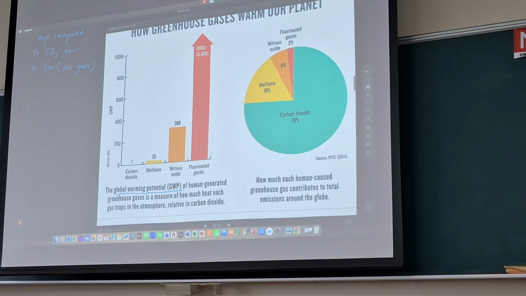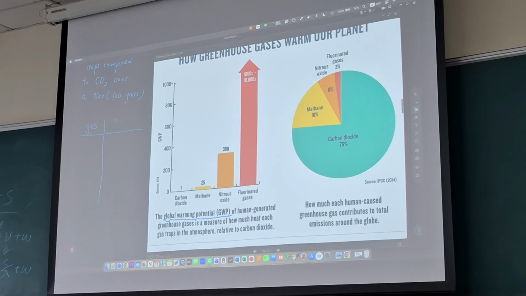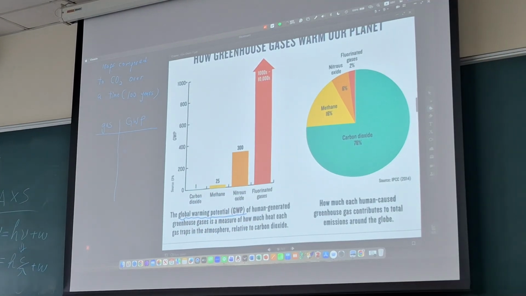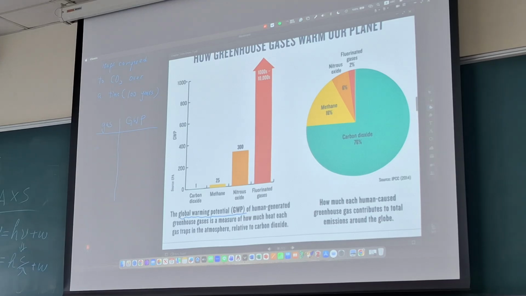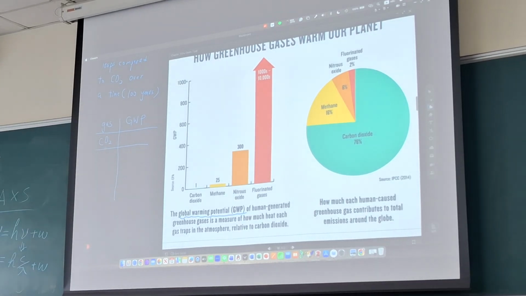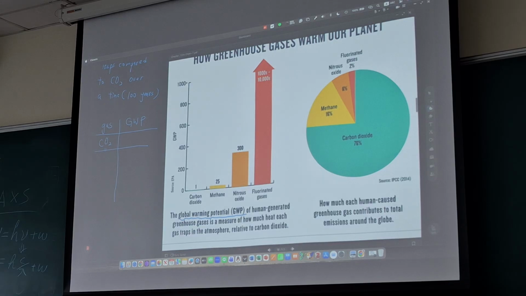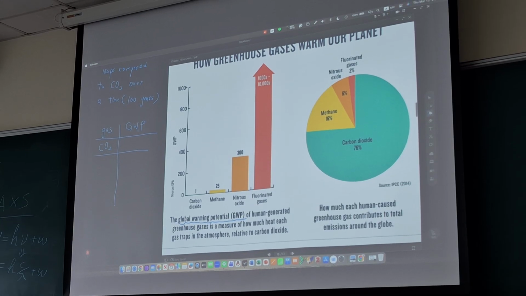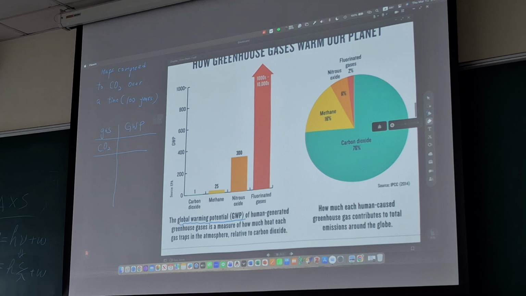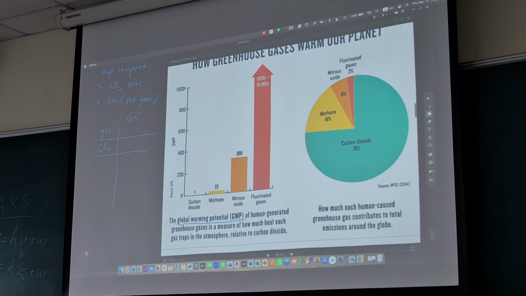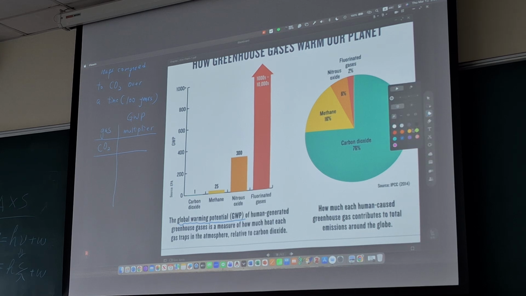So for example, the gas and the GWP modifier. Because we use carbon dioxide as a standard, as a gold standard, we compare to this. So the GWP modifier for carbon dioxide should be 1.